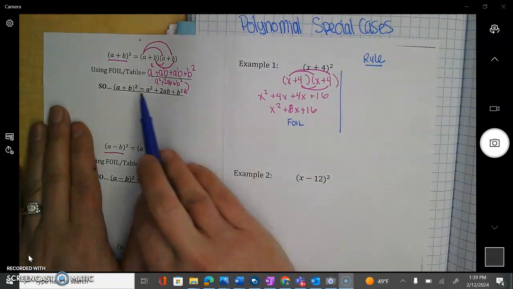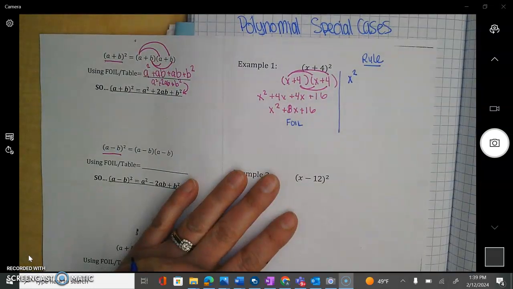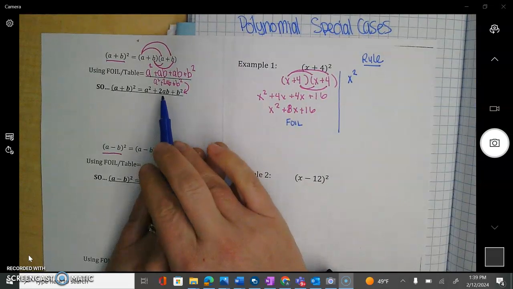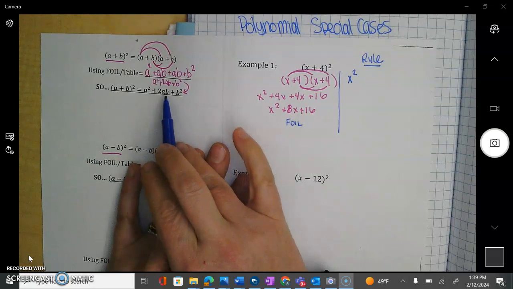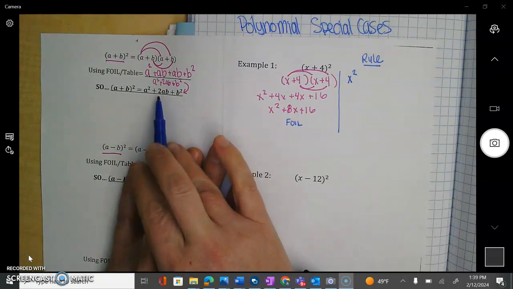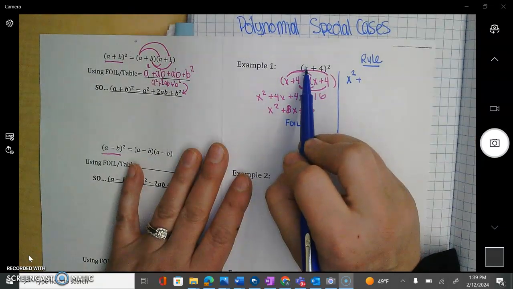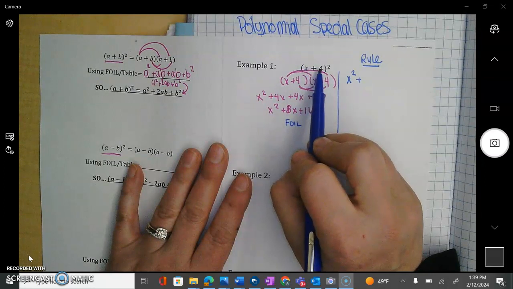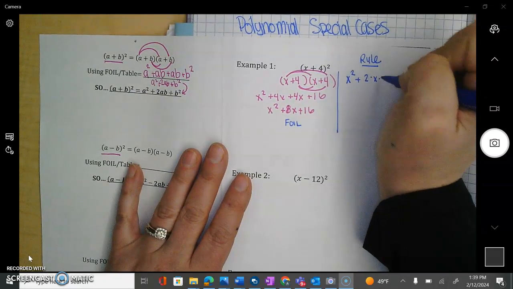In this case, a is x, so the first term is x squared. The second term, 2ab, means I'm going to do 2 times the first term times the second term, because the first term is a, the second term is b. So what it looks like over here is 2 times x times 4. And I'll just write that like this, and I'll simplify it in a second.